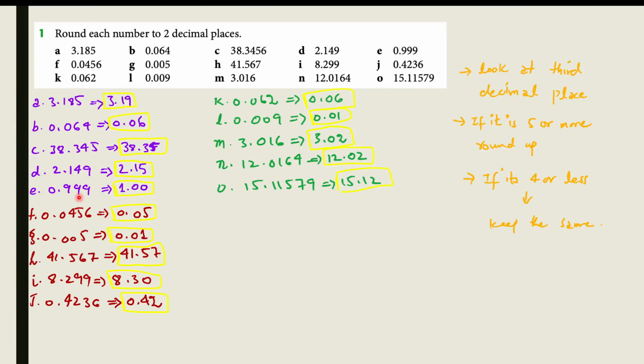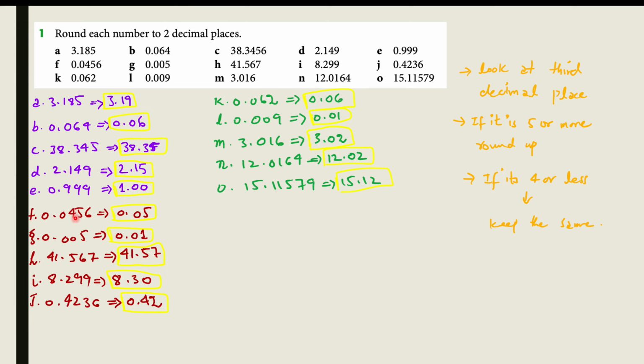So when it becomes 10, it means this increase, 0.999. If there is 1 increase, it will become 1.00. It becomes 1, right? So when it becomes 1 up to 2 decimal places, it would be 1.00.